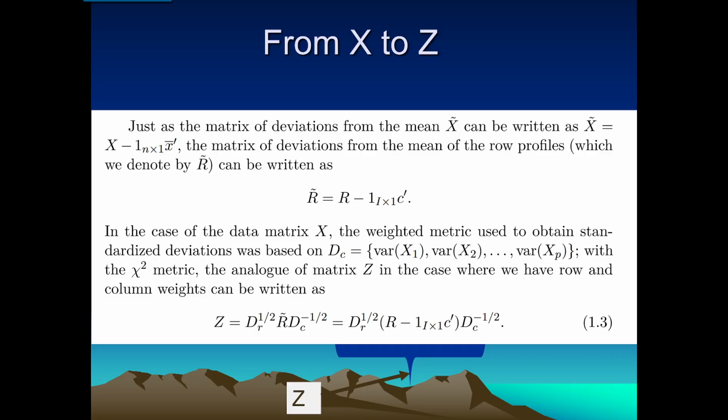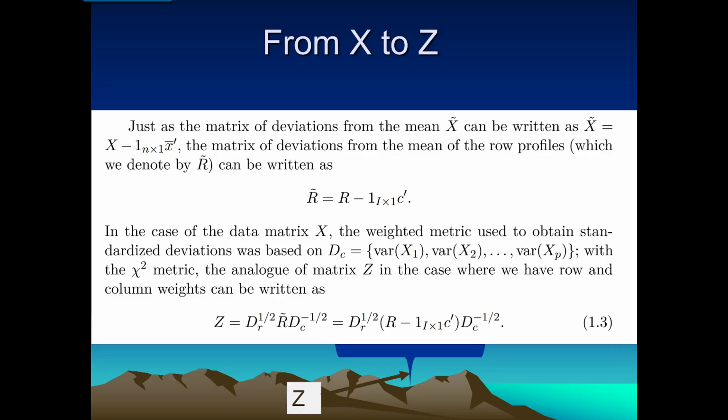So 1 is a vector of ones, okay? Then this is a weighted space where each row has its importance. And the weight is what? The weight is the importance of each row with respect to the total.